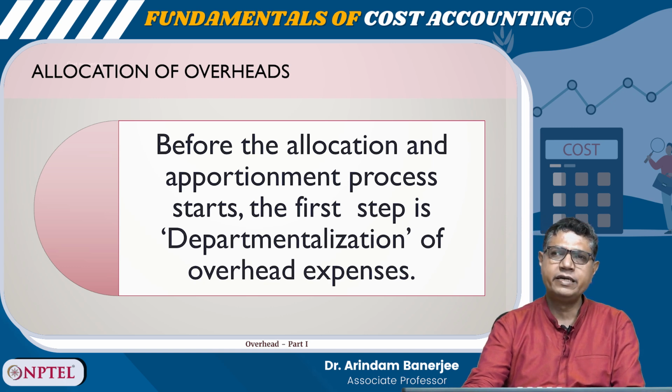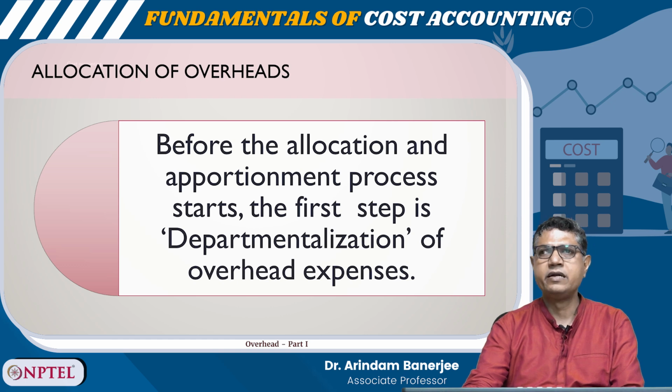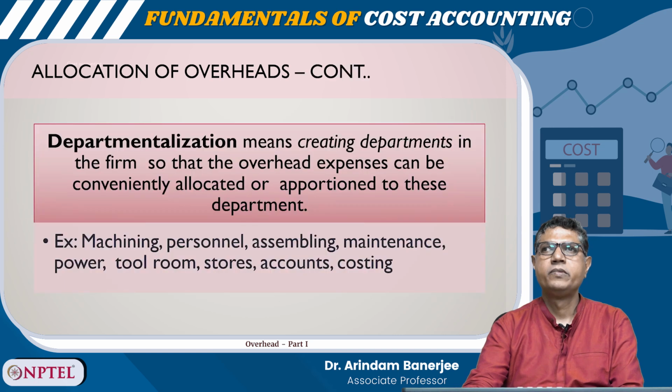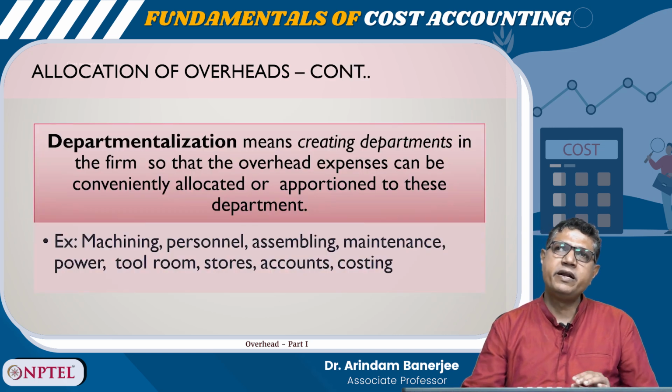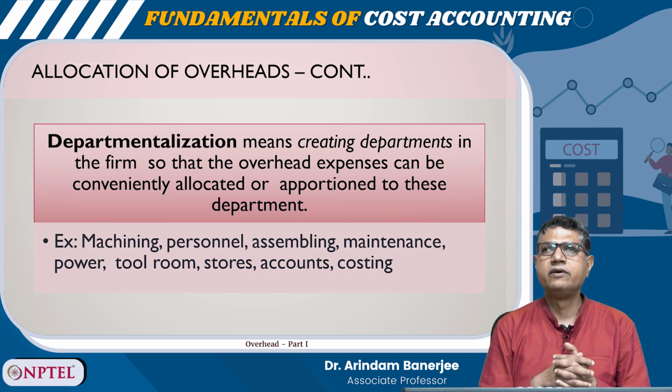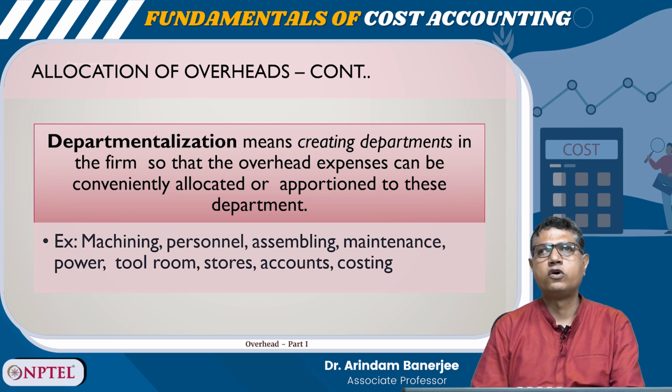Overhead expenses are happening at different cost centers, so that needs to be departmentalized. Departmentalization means creating departments in the firm so that the overhead expenses can be conveniently allocated or apportioned to these departments like machining, personnel, assembling, maintenance, tool room, stores, accounts, costing, etc.